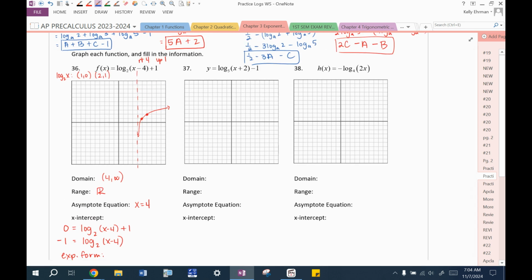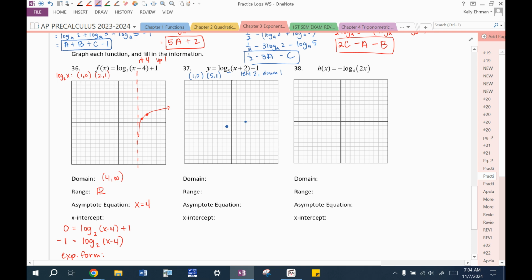Okay, this one, the nice points, because it's base 5, are 1, 0, and 5, 1. We're going to go left 2, down 1. So 1, 0 goes left 2, down 1. 5, 1 goes left 2, down 1.